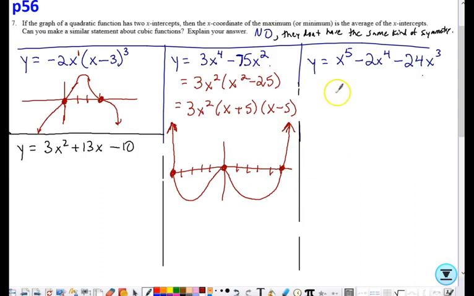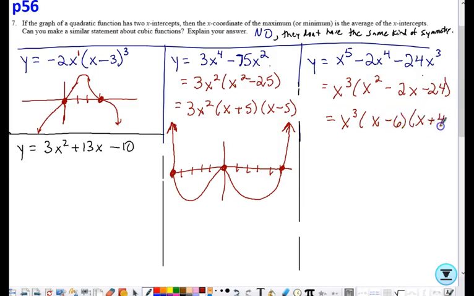All right, for the right-hand side one, there's a greatest common factor of x cubed. But then we have to factor more. So what multiplies to negative 24 that adds to 2, that's negative 6 and 4. So we have roots at 0, 6, and negative 4. And at 0, it's that change in concavity.